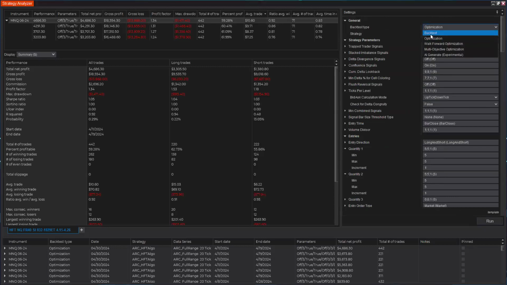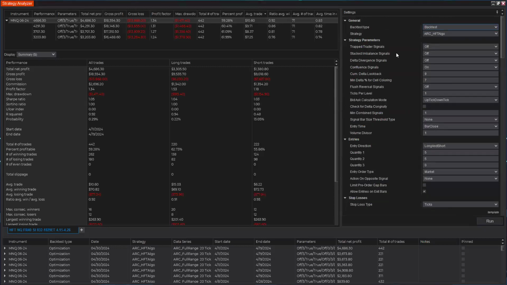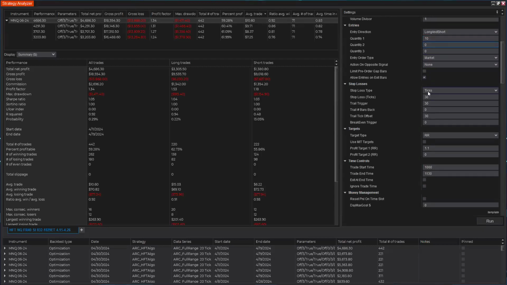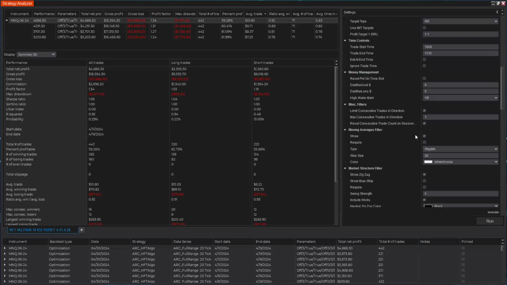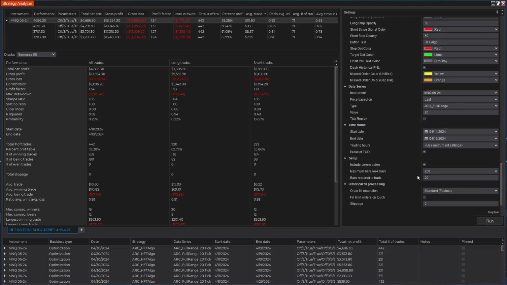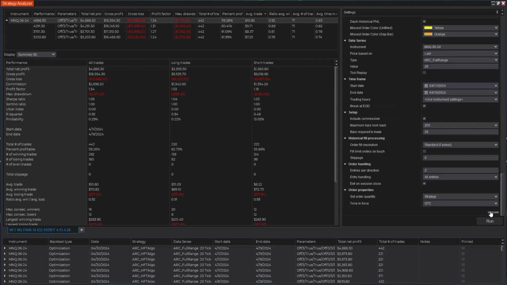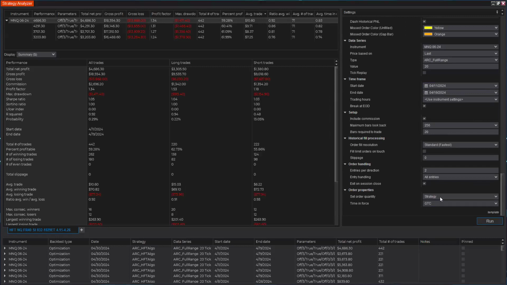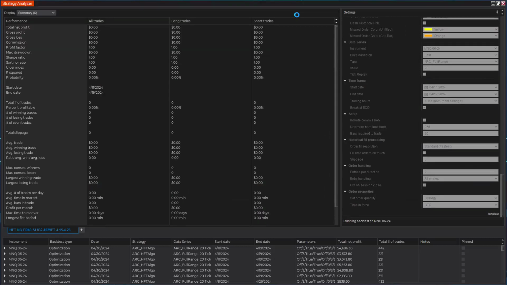And then we're going to go to backtest. 9, 7, 1, and then we'll just go 10 and 0. And we'll save it this way. Stop loss, trail trigger, nada. Always run it again, just to be sure.